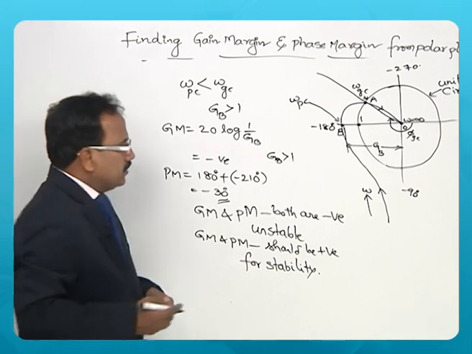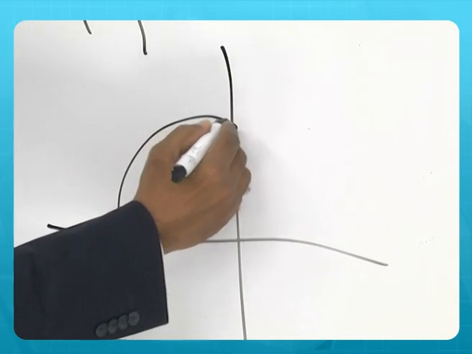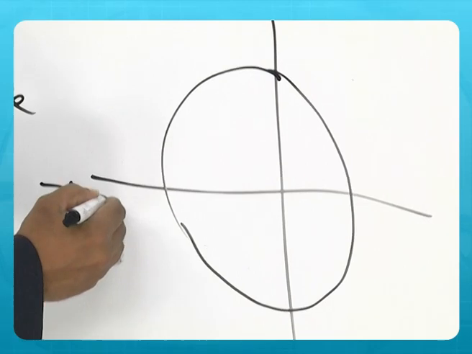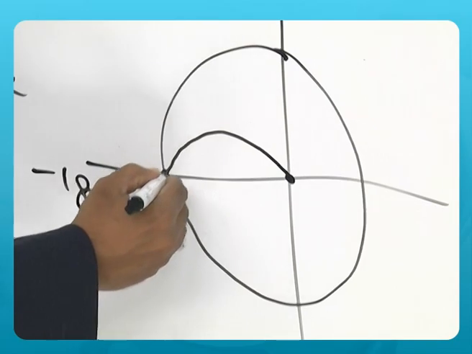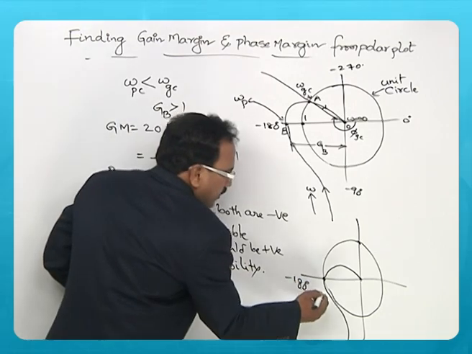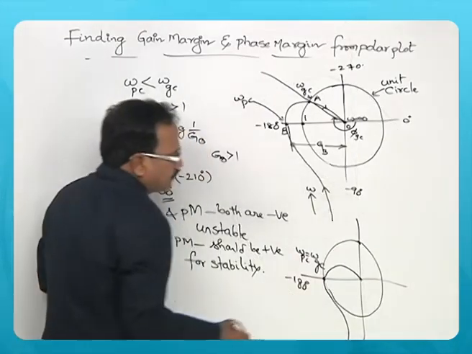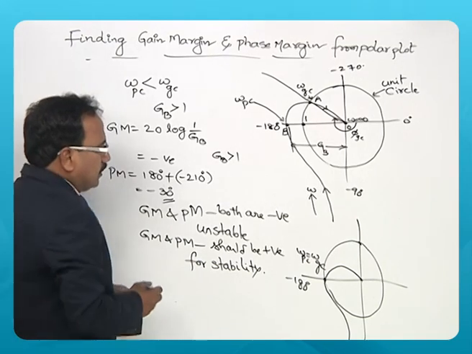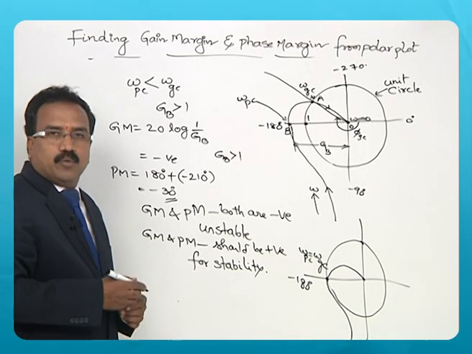If you look at another case, the plot crosses the unit circle as well as the minus 180 degree line exactly at this particular point, this way. So, you can see that here omega PC is equal to omega GC, both phase crossover and gain crossover are equal, and the gain margin, you can see that GB is exactly equal to 1.